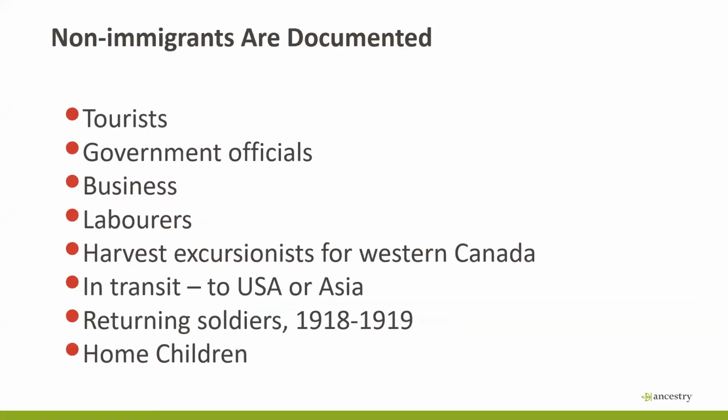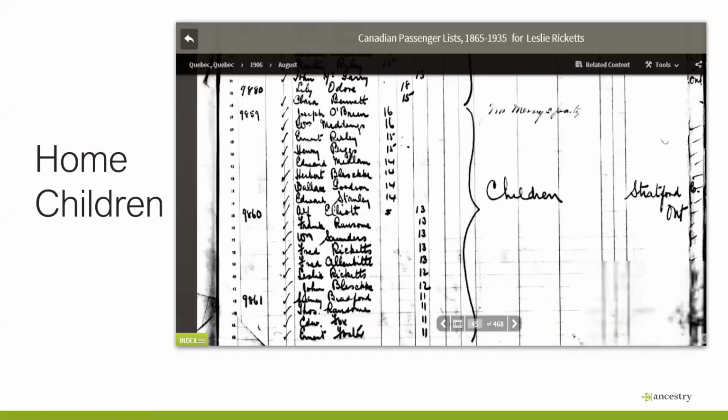And it's not just immigrants that are coming to Canada, it's anybody who is coming to Canada. So you're going to find tourists and laborers and people in transit to the US or Asia. After the First World War, returning soldiers came on regular passenger lists, as well as home children. And those home children were poor, poverty-stricken children that were put in benevolent societies like Barnardo's.